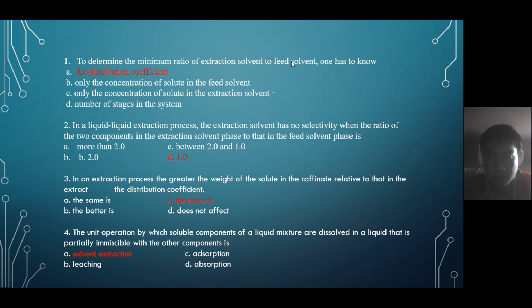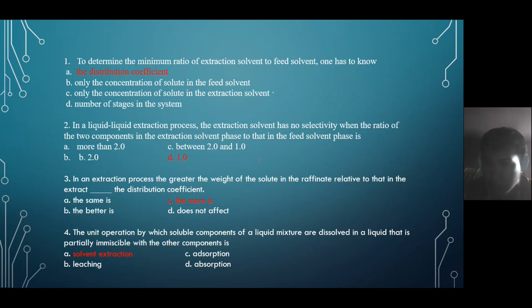Next, the unit operation by which soluble components of a liquid mixture are dissolved in a liquid that is partially immiscible with the other components is A, solvent extraction, B, leaching, C, adsorption, D, absorption. So the correct answer will be A, solvent extraction.